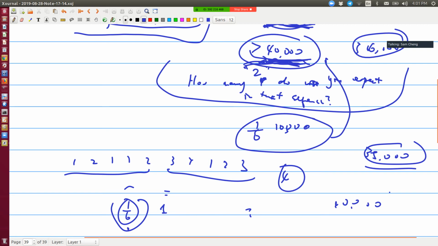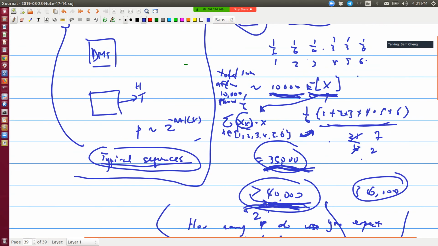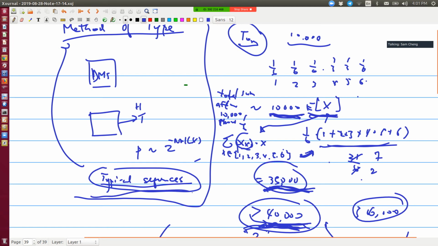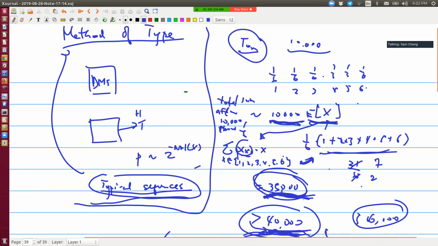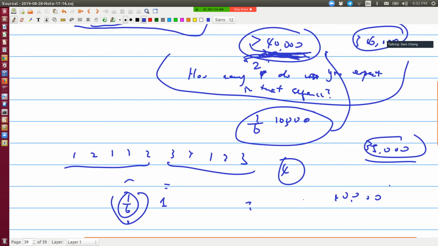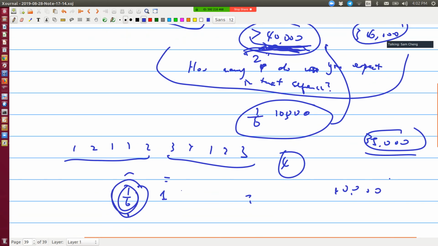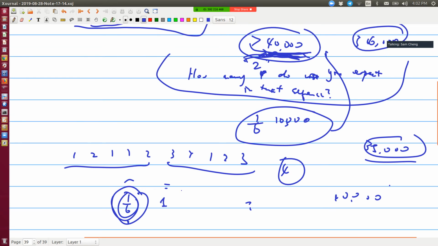That's the whole point. We talk about this method of types as an extension of typical sequences. When we talk about typical sequences, we say everything we pull out will be typical. So therefore, everything we pull out will have a sum equal to 35,000, because every sequence we pull out will approximately have 1/6 of 1, 1/6 of 2, 1/6 of 3, and so on.